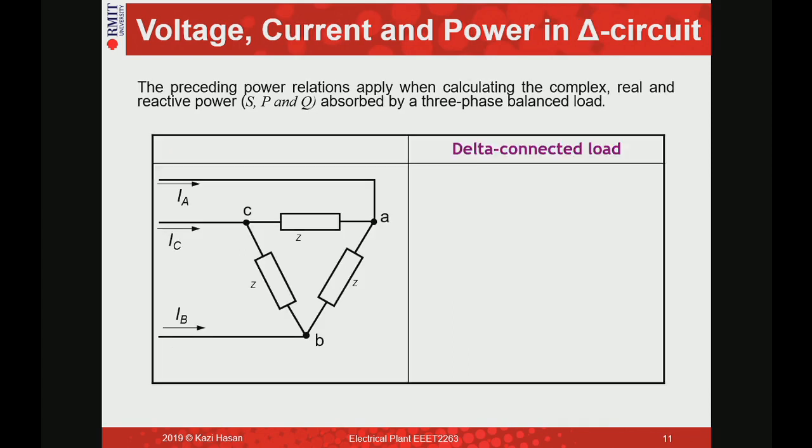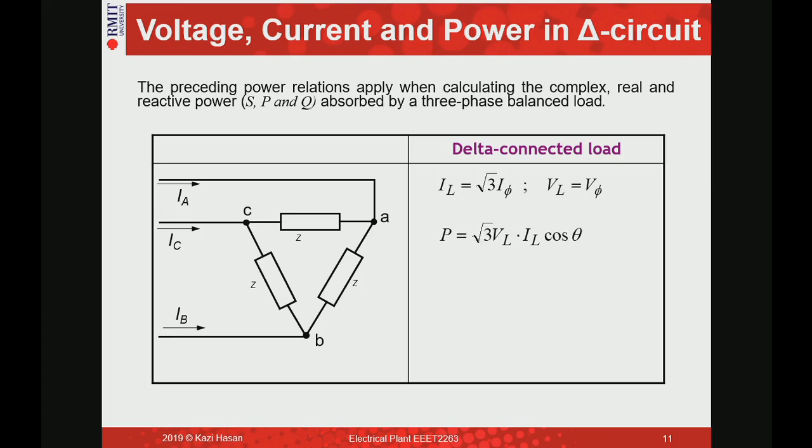Then for a delta connected circuit, IL, the line current coming to A, is not the phase current. That is root 3 times the phase current. But the voltage between phase A and B is the same in this case, so VL is the same as V phi.